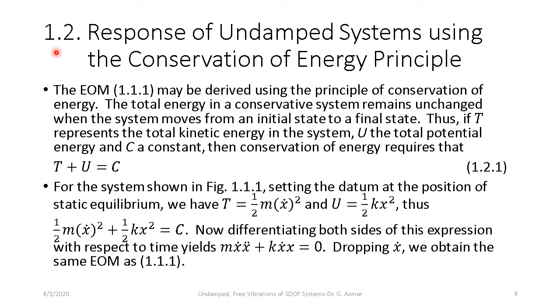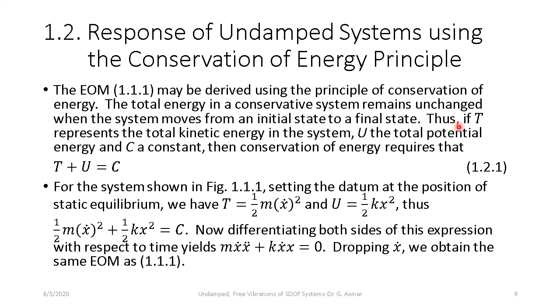This is now section 1.2 on the response of undamped systems using the conservation of energy principle. The equation of motion, equation 1.1.1, may be derived using the principle of conservation of energy, which says that the total energy in a conservative system remains unchanged when the system moves from an initial state to a final state.